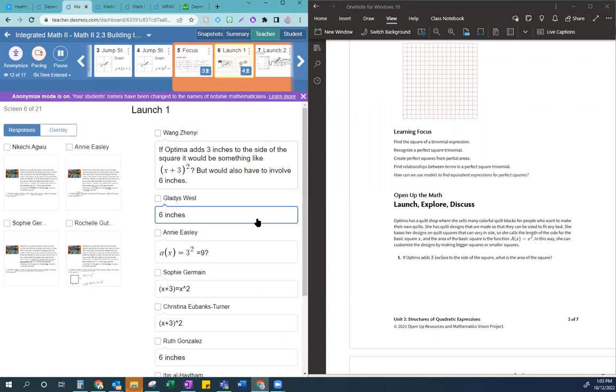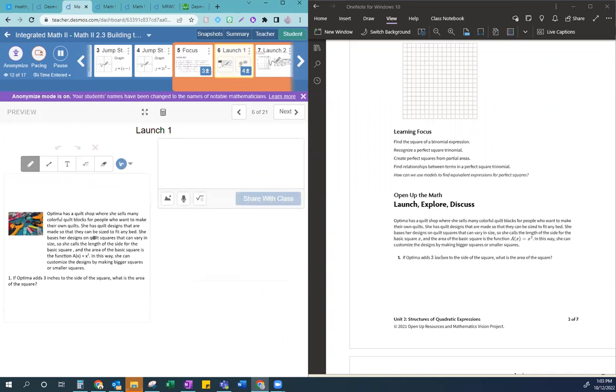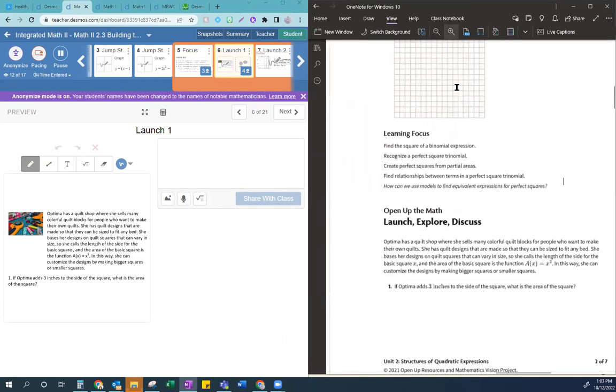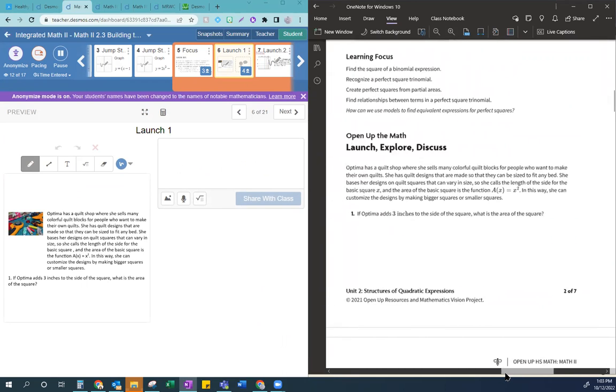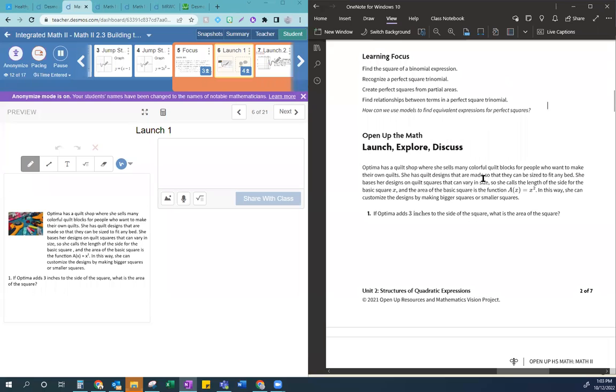So moving on. Oh, you can barely see this. That's so small. I'm going to read, if you want to read along with me. It says, Optima has a quilt shop where she sells many colorful quilt blocks for people who want to make their own quilts. She has quilt designs that are made so that they can be sized to fit any bed.